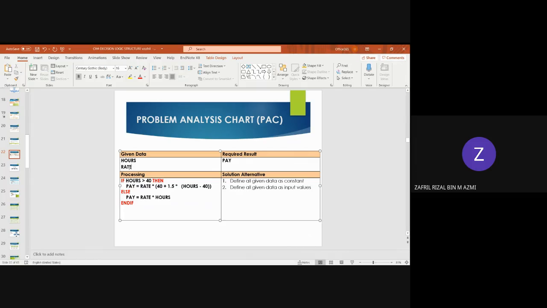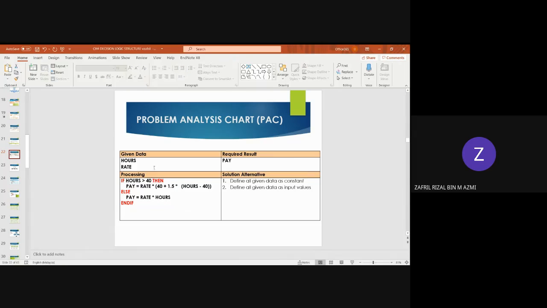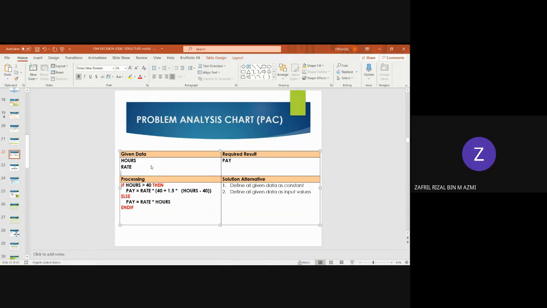To add the decision, if there's a table, you just copy the table and put it in the given data section.